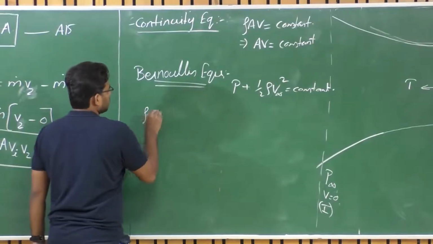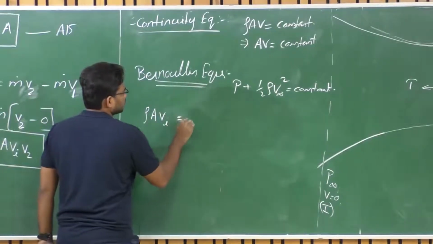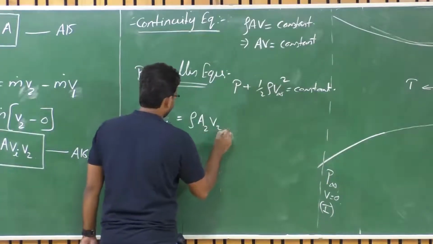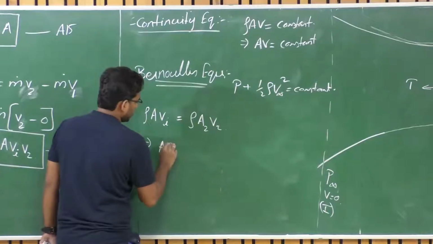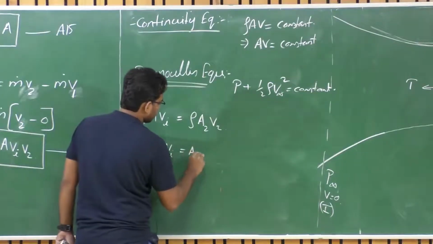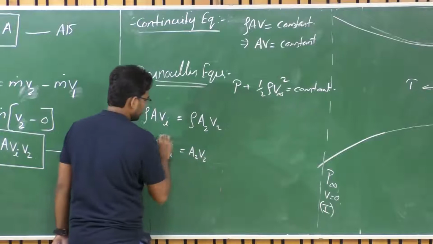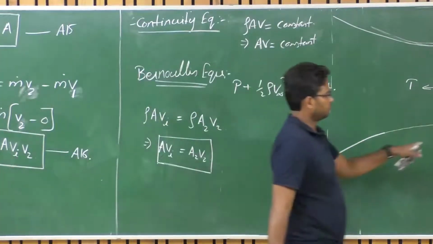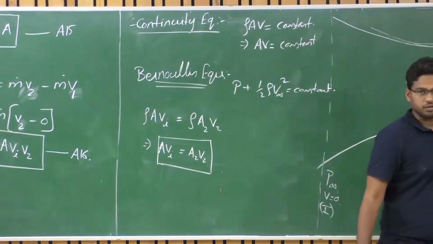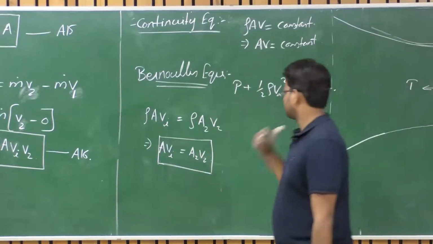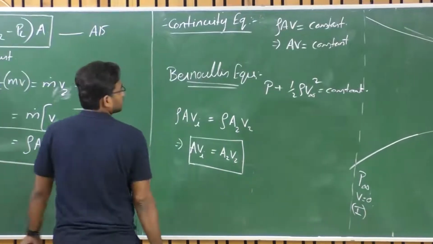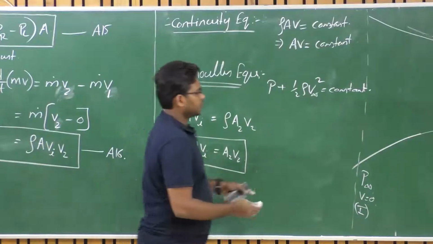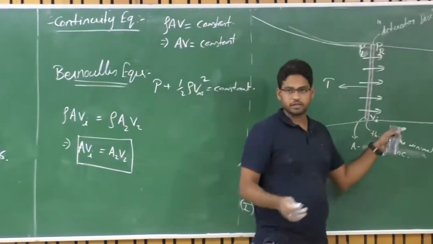So it should be rho A Vi equals rho A2 V2, which is A Vi equals A2 V2, where V2 is the velocity measured when P is equal to P infinity here. Right? The static pressure equals P infinity.